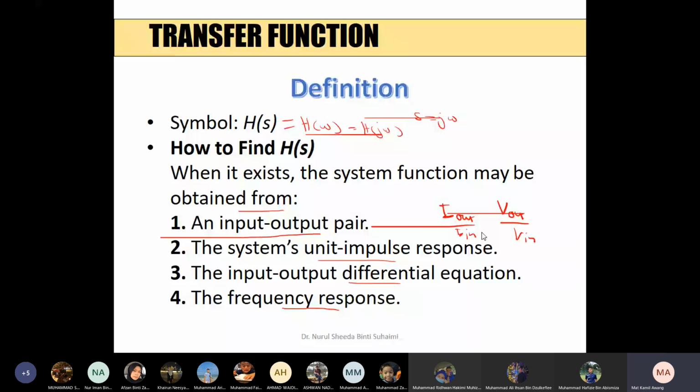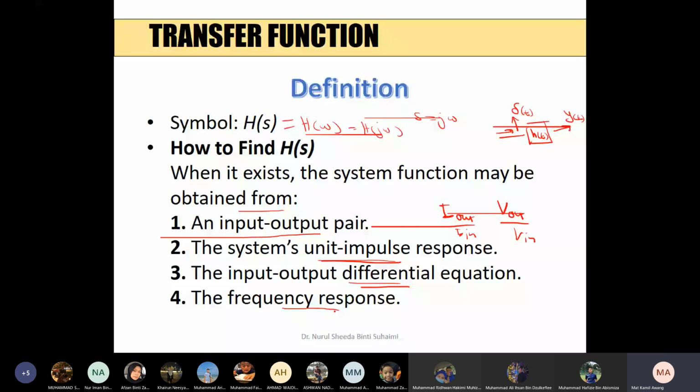The impulse response is basically that you have a system and maybe you pump in the delta t and look at what the output is. This is h of t. So you can have the h of t, the system's unit impulse response. Also from the differential equation.